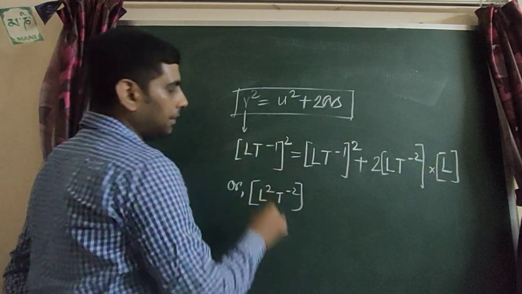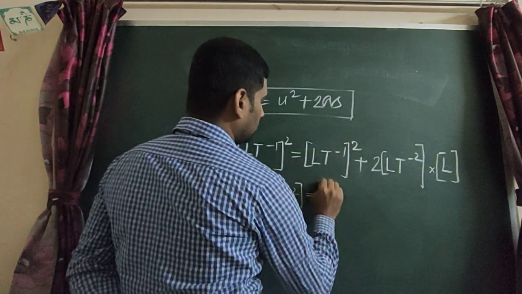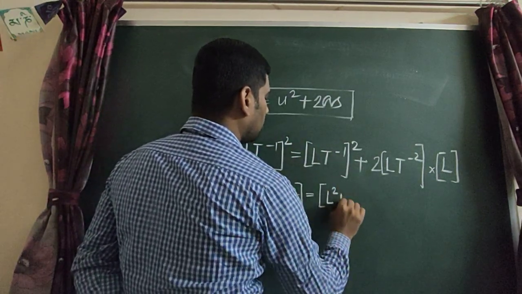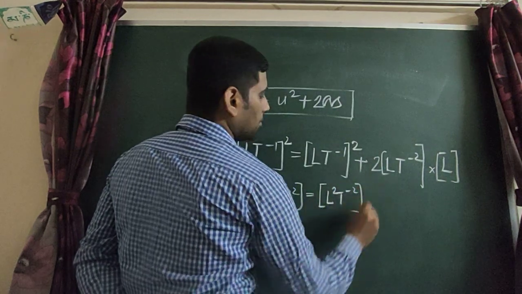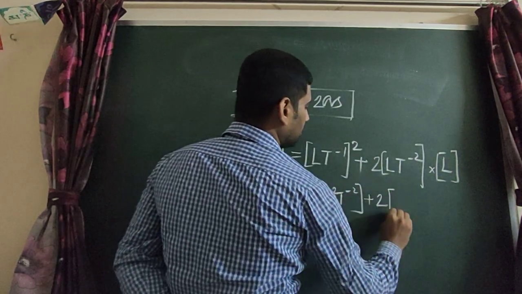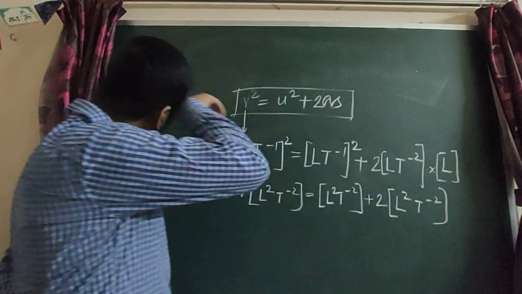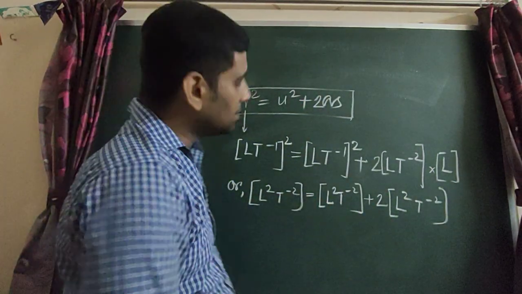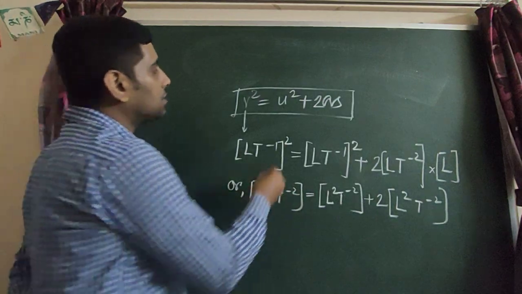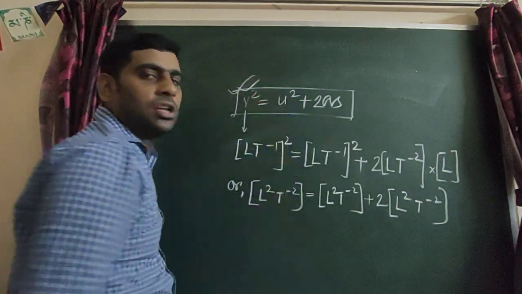This 2 gets multiplied, equals L square T to the power minus 2 plus 2 into L square T to the power minus 2. So as you can see now, both the sides have the same dimensions. So that's why this equation is correct.